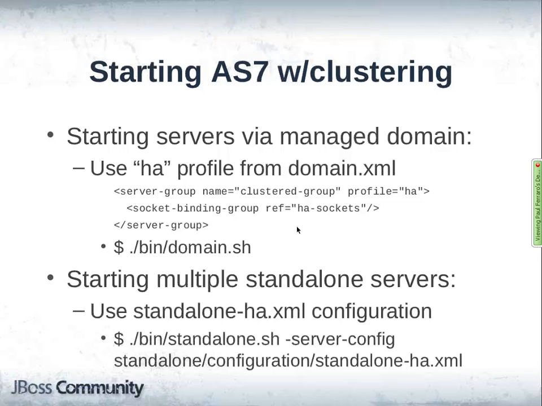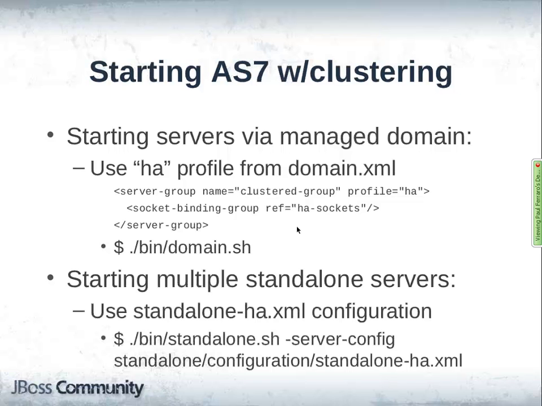In the standalone case, there are actually different configuration files which contain different sets of subsystems. And the configuration file that contains the clustering subsystems is called standalone-ha.xml. So you can start the standalone process using that specific server config.